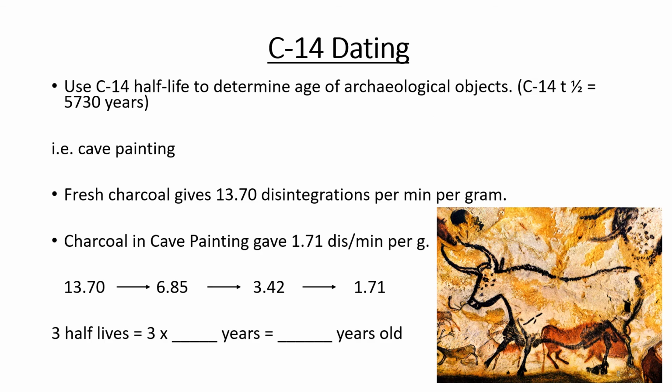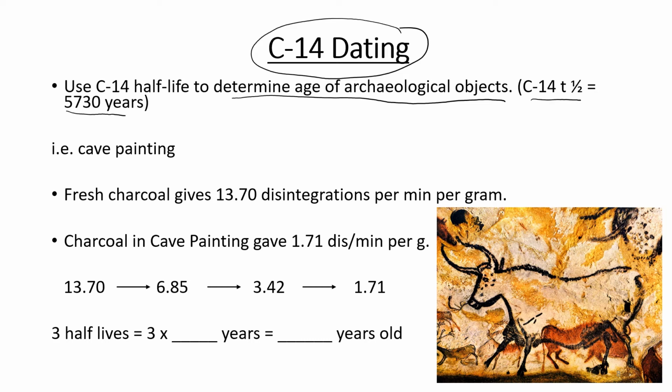So carbon-14 dating is used to determine the age of archaeological objects. And this is used based on the half-life of carbon-14, which is 5,730 years. The idea of how this works is carbon-14 is a radioactive isotope of carbon.